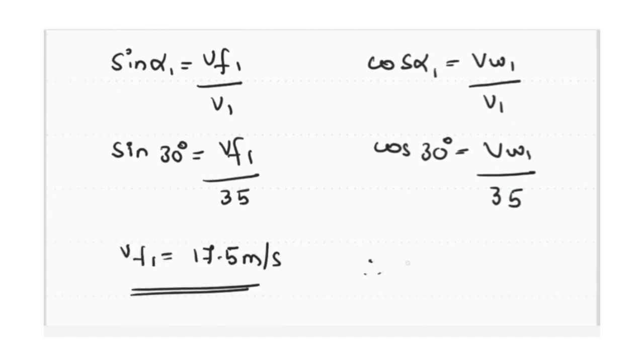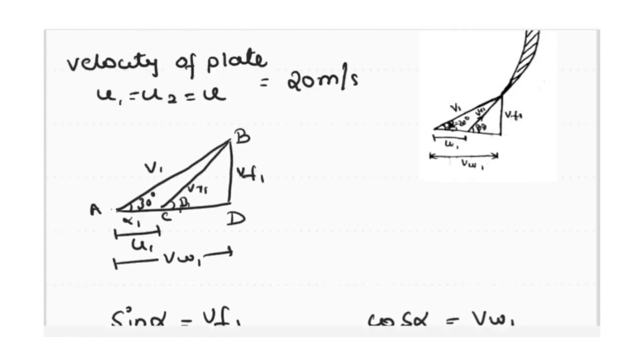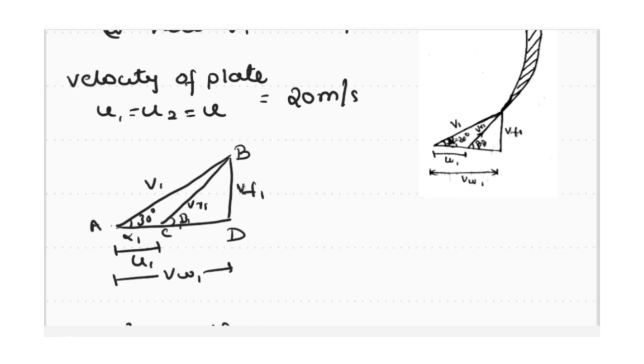Therefore VW1 is equal to 30.31 meters per second. Now we have calculated this value. The only things left are beta 1 and VR1.